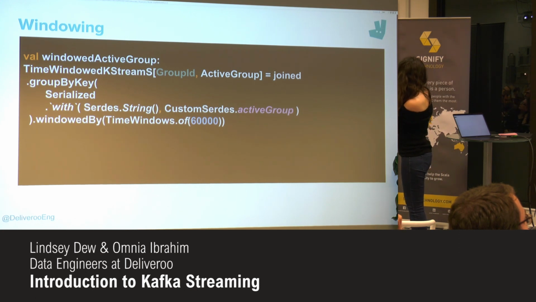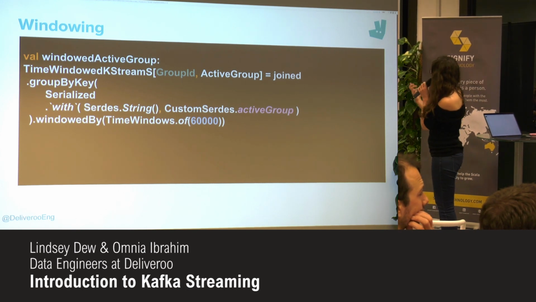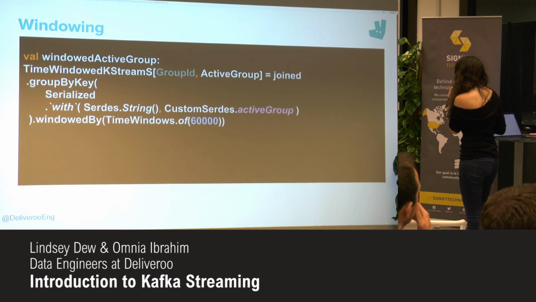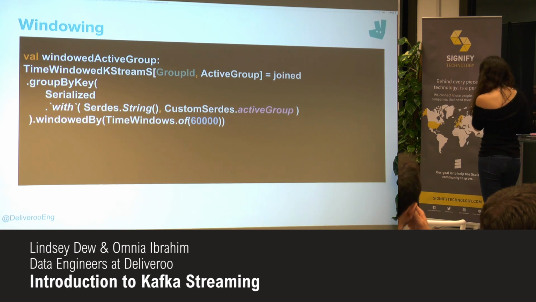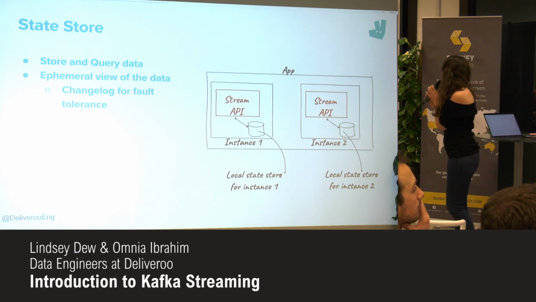Again, we need to pass in a serde for this. And we can call the window by operation and pass in windows of, here the time unit is milliseconds, so the 60,000 relates to 1 minute. And 1 minute is really enough granularity that we need for deciding whether a consumer is online or not. And then we can make use of the state store in the Streams API.